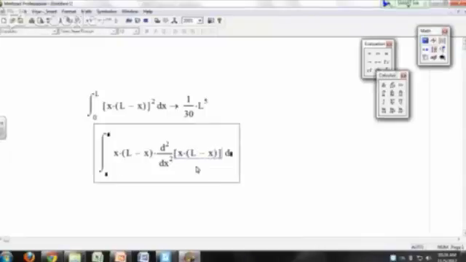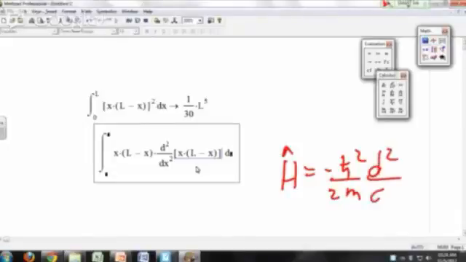Okay, what's our Hamiltonian again? H hat is negative h bar squared over 2m, right, times the second derivative with respect to x. So we need that extra term out here, right? So this is just part of our numerator.